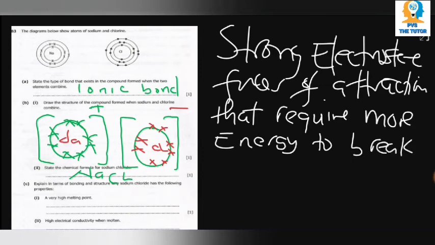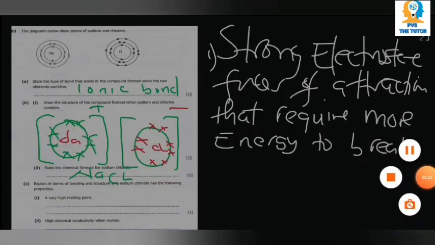So these, they are very strong. This is for C1. These forces are very strong in such a way that they need a lot of energy for them to break, in the process making sodium chloride have a very high melting point.